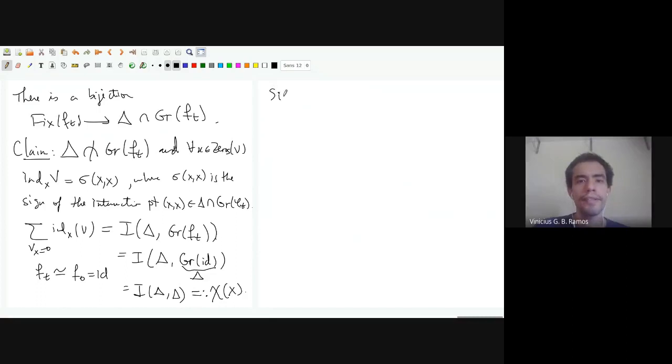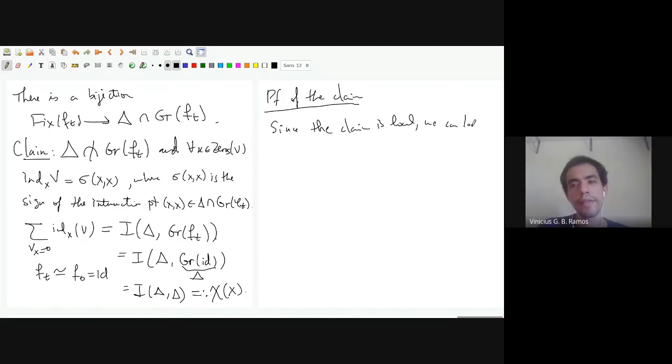Okay, so now let's prove the claim. Since the claim is local, we can just look at everything locally, in local coordinates, and we can think of V as just being a vector field in R^n.